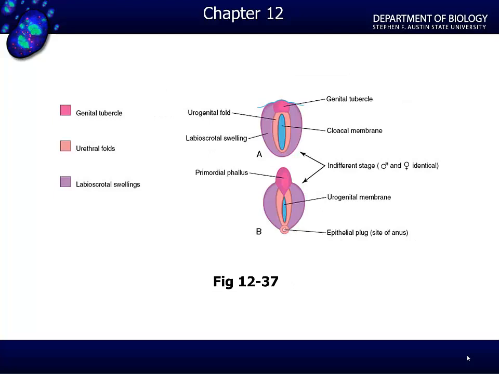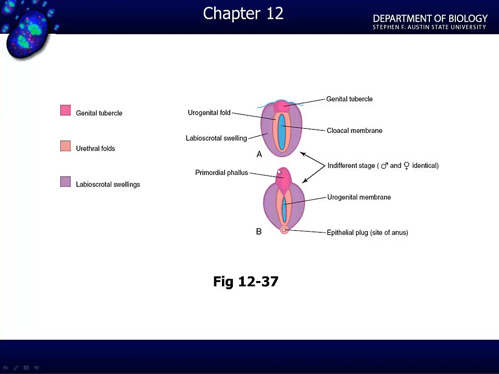So here we have our indifferent. It's indistinct. We can't distinguish one from another. One is early stage, one is later stage. So here we have the cloacal membrane. There we have our genital tubercle. And again, as the urorectal septum comes in and divides this off, here we're beginning to develop our perineum. So here we have our anal membrane that's forming. Here we have our urogenital membrane.